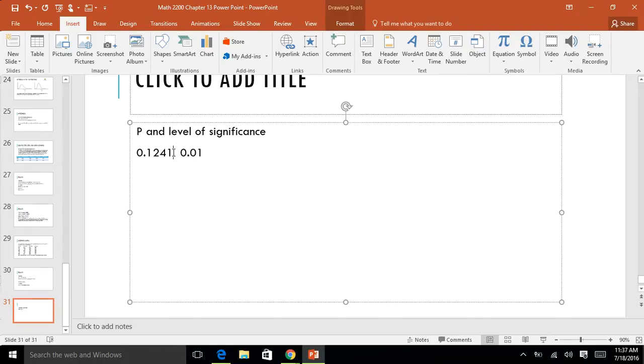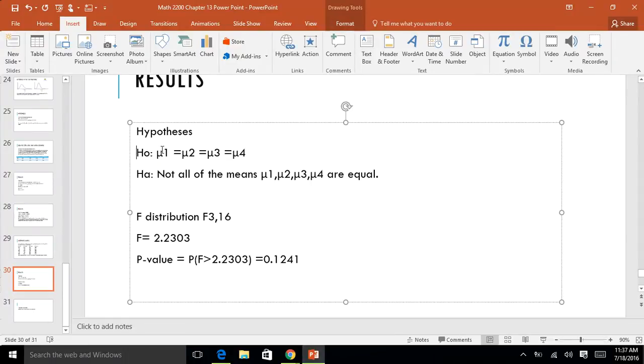My p is not smaller. It's actually larger. So I cannot reject the null hypothesis. What does that mean? It means I'm going to keep it, where the means are the same.